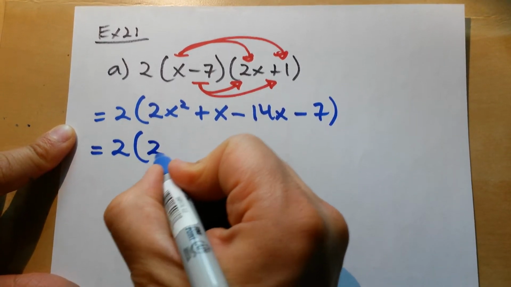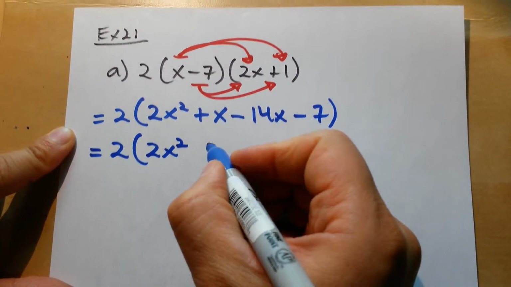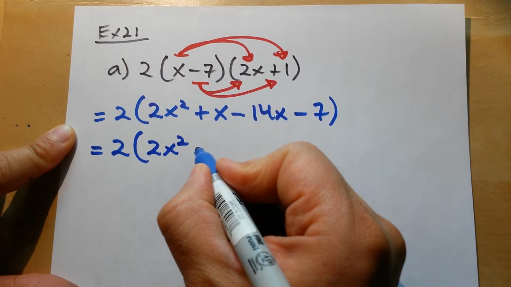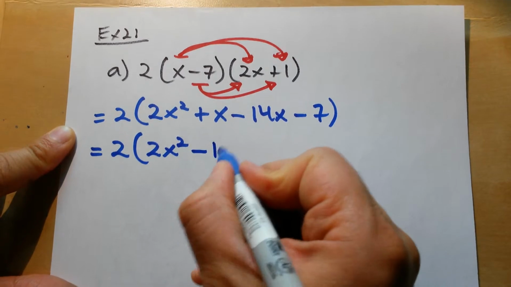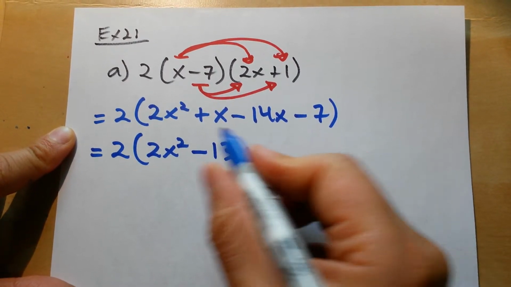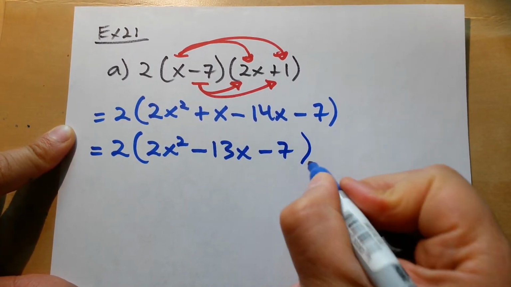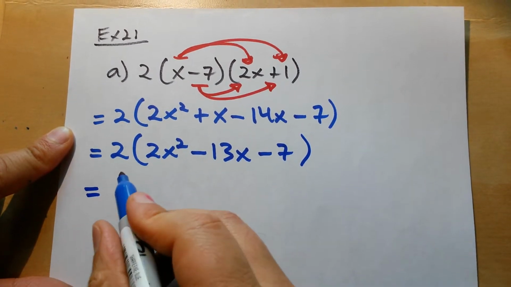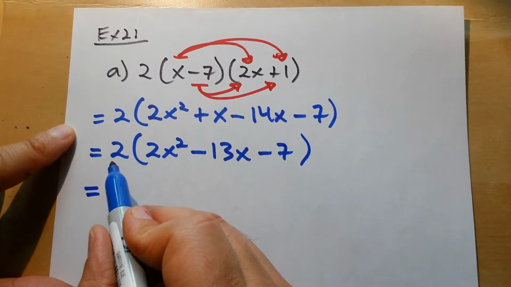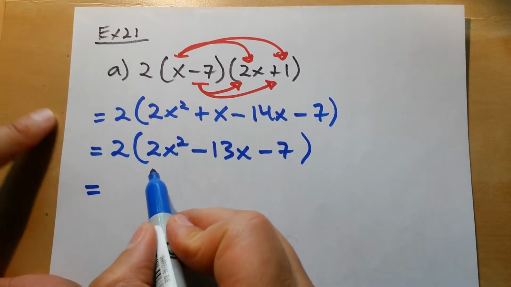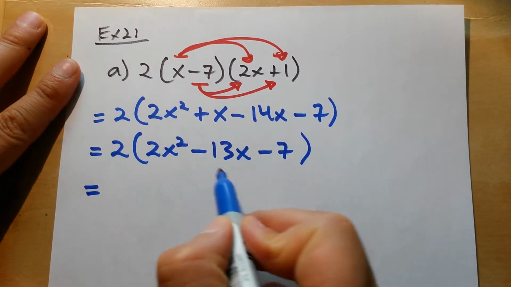So we have 2x squared plus x minus 14x. These are like terms, so our answer is going to be negative 13x, and then negative 7. Okay, now let's bring in the 2. That means we use the distributive law and we multiply this 2 times each of these terms.